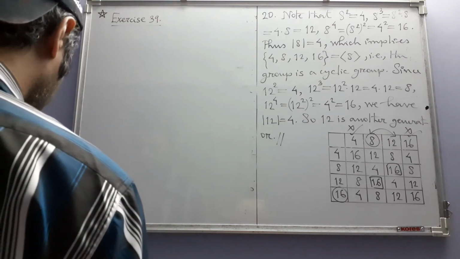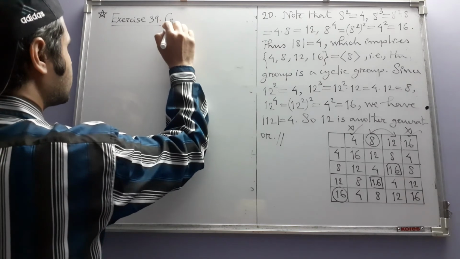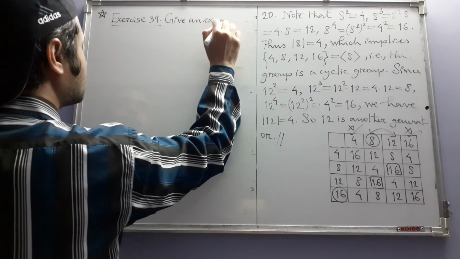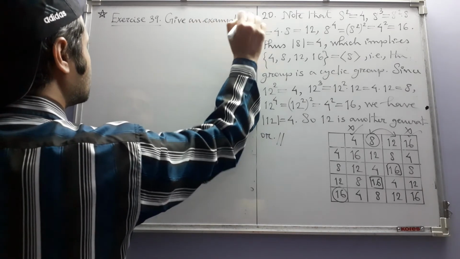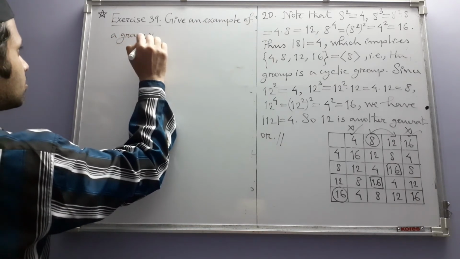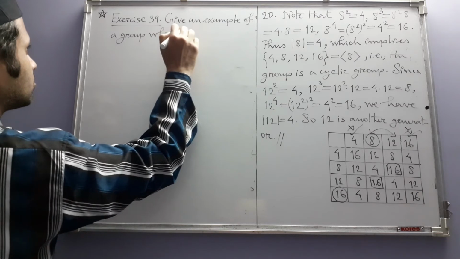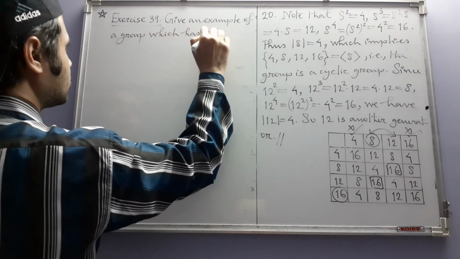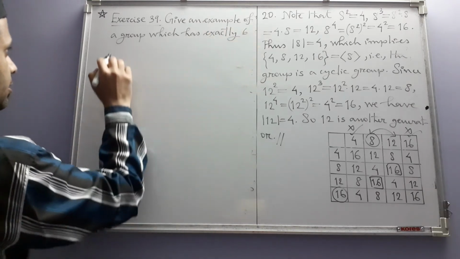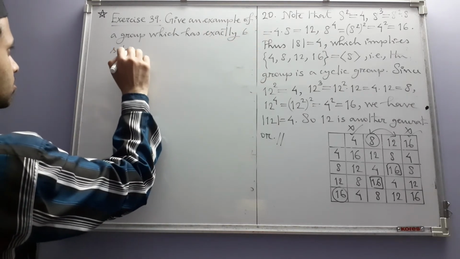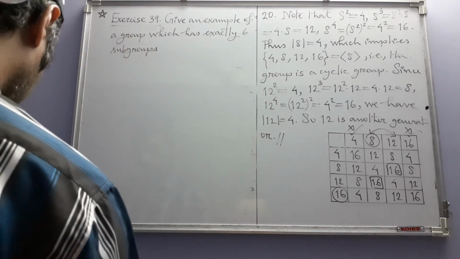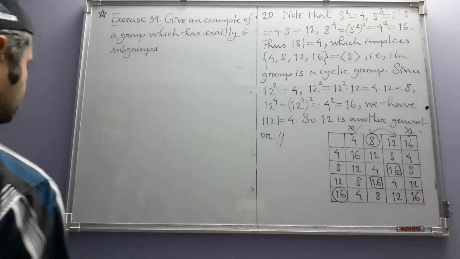Give an example of a group which has exactly 6 subgroups, including the trivial subgroup and the group itself.